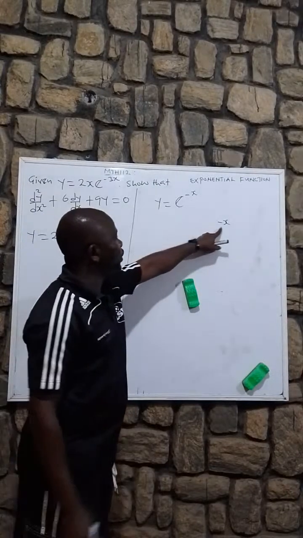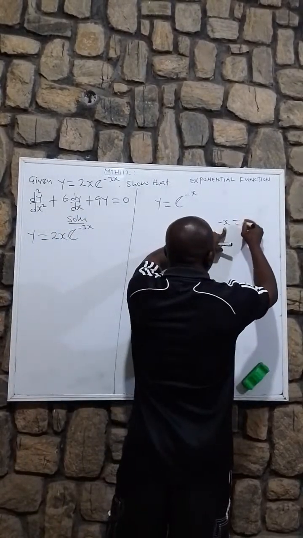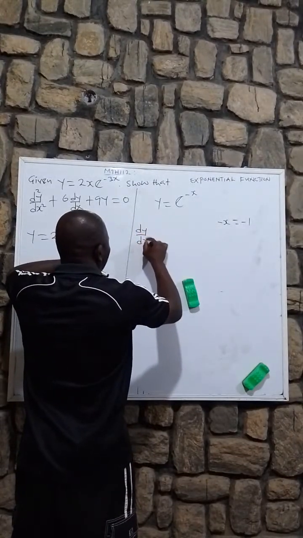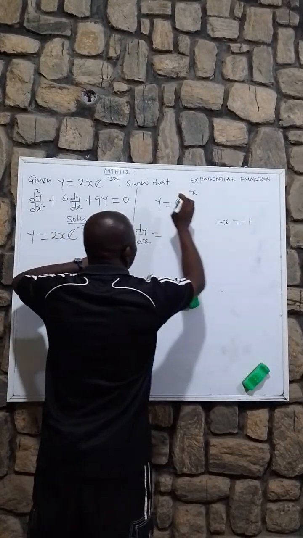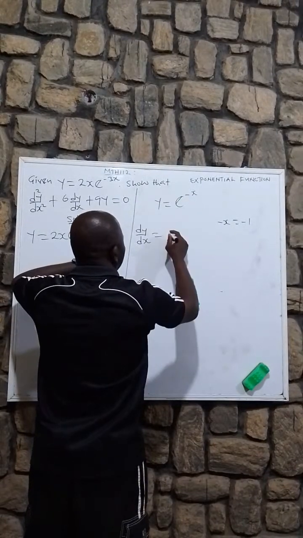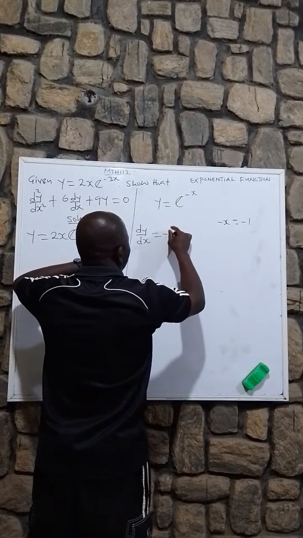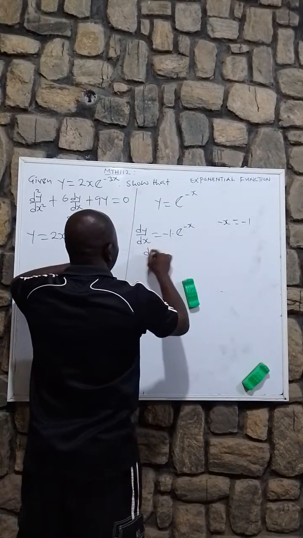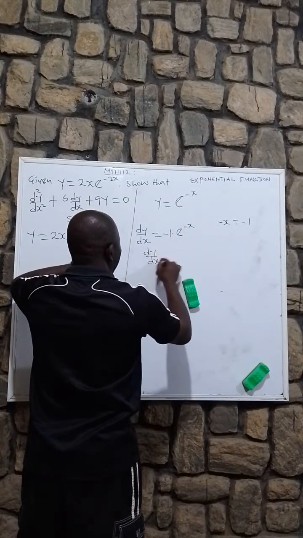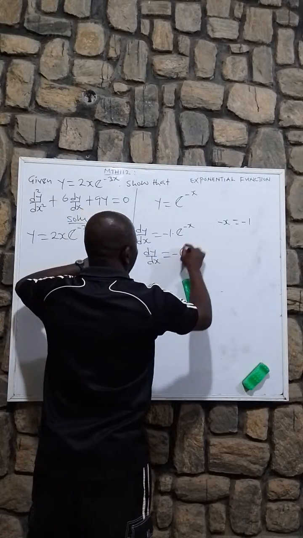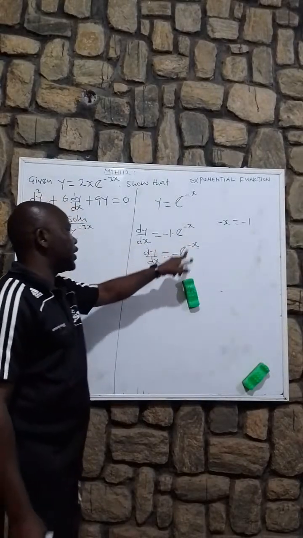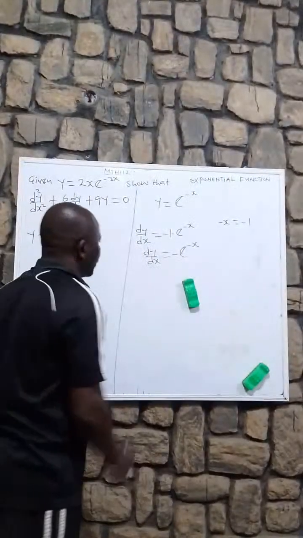If you differentiate minus x, you are supposed to have minus 1. So this implies that your dy all over dx, use this minus 1 to multiply whatever is here, minus 1 times e to the minus x. You can now see that dy all over dx is equal to minus e to the minus x, because minus 1 times e to the minus x is the same thing, true or false.